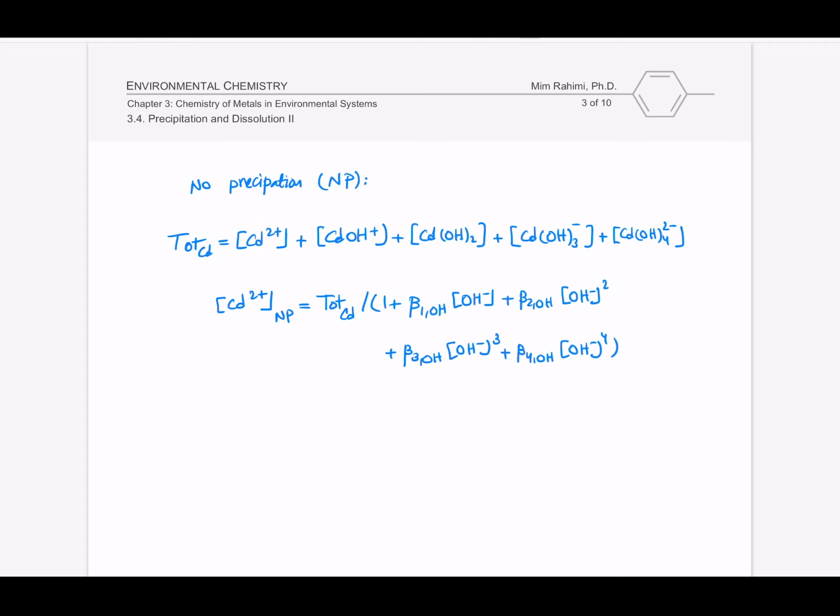So this is something that we can easily calculate because this is a pH-dependent expression. This is a constant. This is pH-dependent. So we can quickly calculate the concentration of cadmium in the non-precipitation scenario. And following that, we can calculate the concentration of all the individual species based on that cadmium concentration. So this was very straightforward, and we had it before.